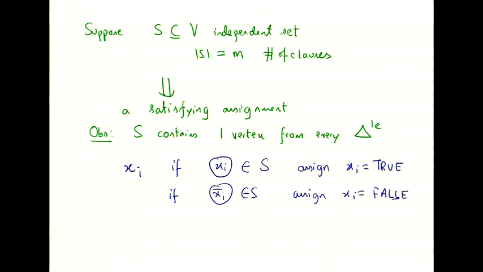But it could be that neither of these happen, because the set can pick any set of vertices. It could avoid this. If neither of these happen, you could just assign xi arbitrarily, whether false or true, it doesn't matter. So this is my assignment.